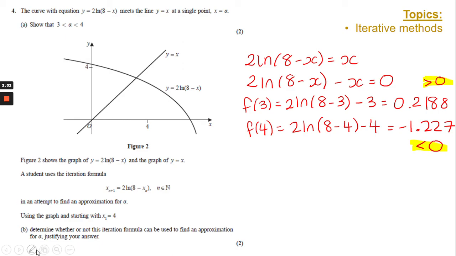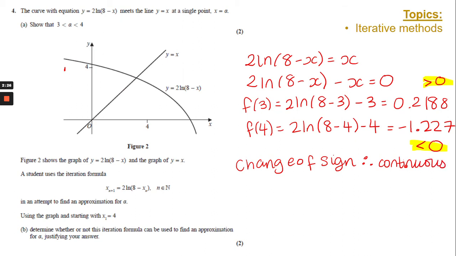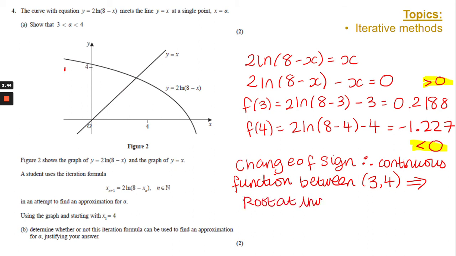So because there is a change of sign, and therefore it is a continuous function between 3 and 4, which implies that there is a root at this point.